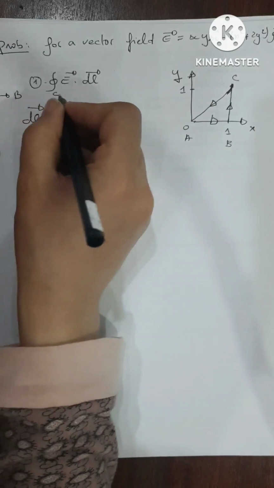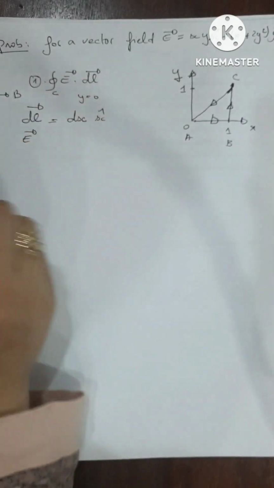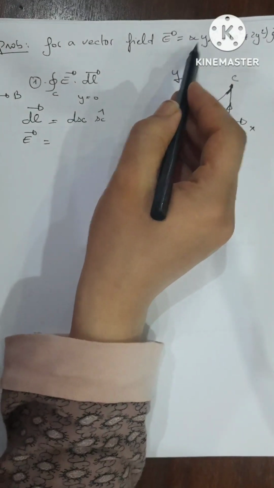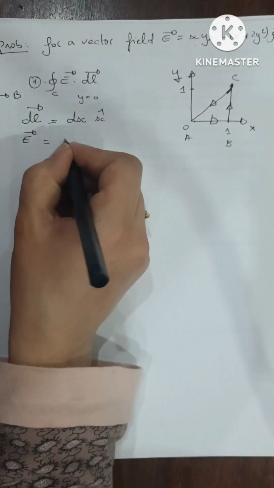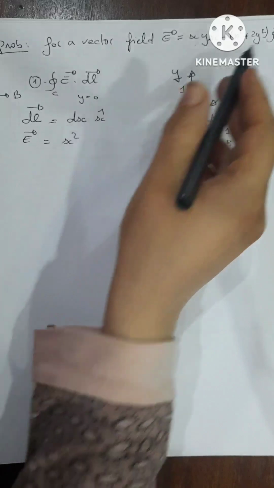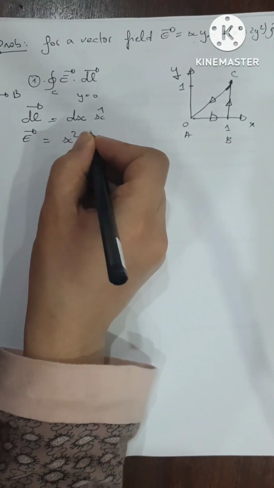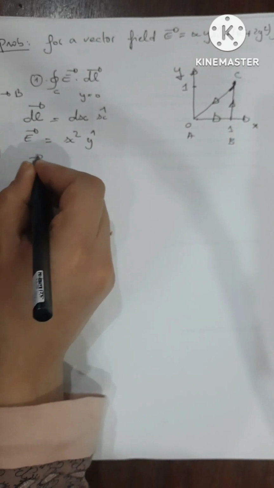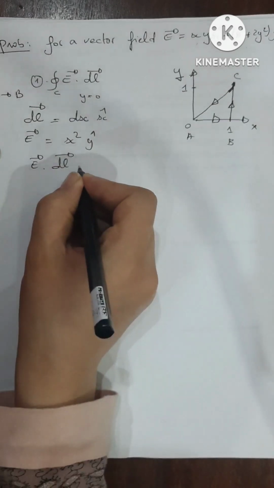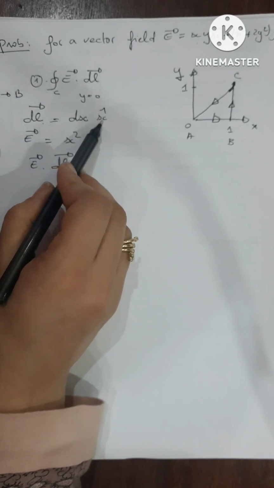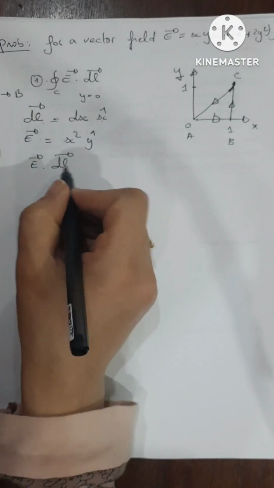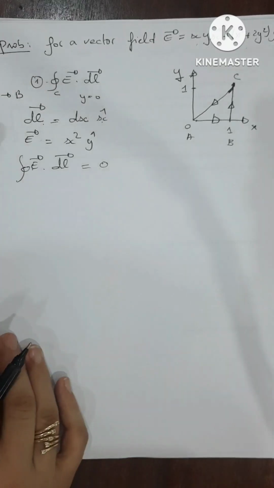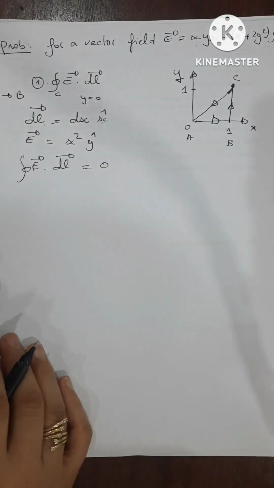If y equals 0, E equals x squared plus 0, so x squared in the direction of y. Now E·dl, we have dl in the direction of x and E in the direction of y, so E·dl equals 0. Perpendicular directions.